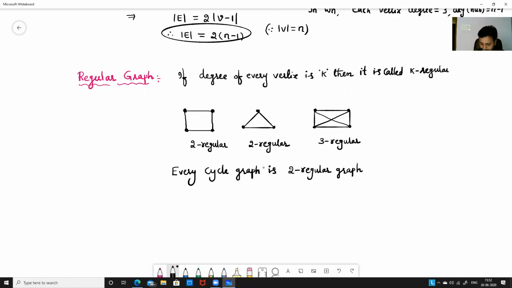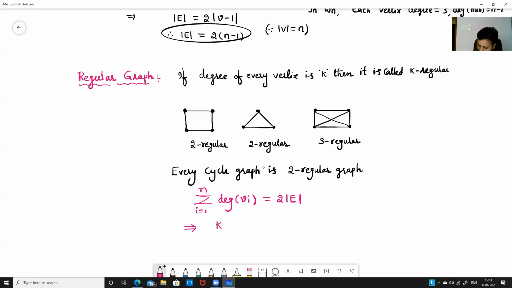And by using the sum of degrees of vertices theorem, we can say the summation, i runs from 1 to n, of the degrees of all vertices must equal 2 times the number of edges, correct? But this time each and every vertex has how much degree? Degree k.